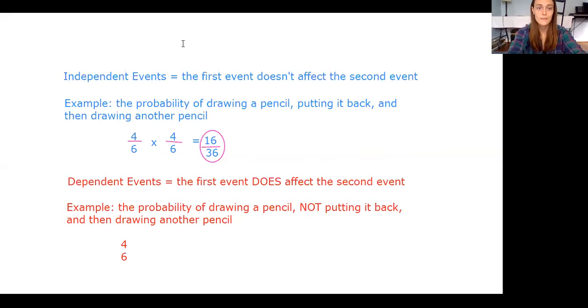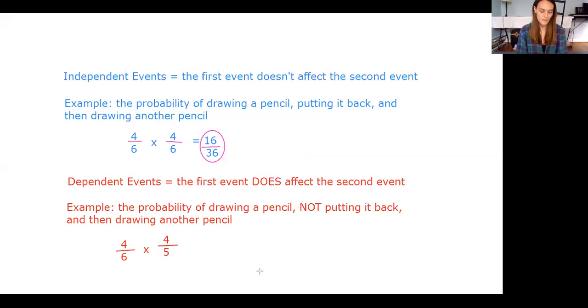But the difference is that I didn't put it back. So now, my second time around, the probability of drawing a pencil is going to be, well, there still might be 4 pencils in there. We don't know what we drew the first round. So 4 pencils out of how many utensils are still in the jar? 5. So it's 4 out of 5. And this is an example of a dependent event.